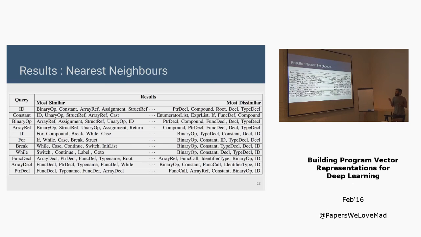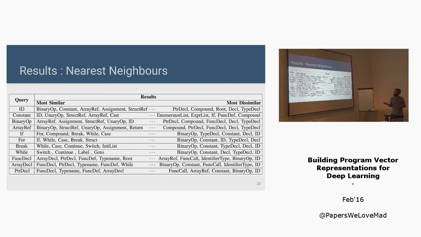So essentially you try to find your most similar, the closest vectors in your vicinity. And we can see some meaningful results already. You can see that the vector for ID and the vector for constants, which are the ones that deal with data representation, with data to reference, are pretty close to each other in both senses.